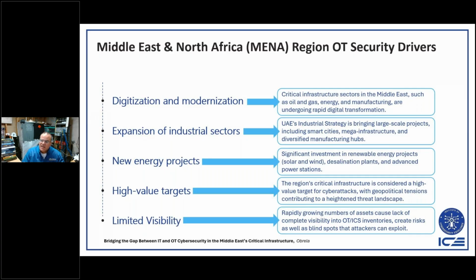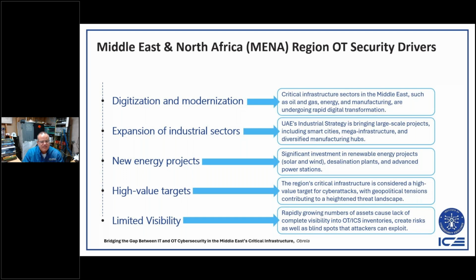Even within OT cybersecurity and risk, let's say the consulting arena, in talking with other colleagues, we do see a lot of growth, even outside the US. In other regions of the world, we're seeing that explosion, which is what these numbers represent. The next one is new energy projects: significant investment in renewables and advanced power stations.